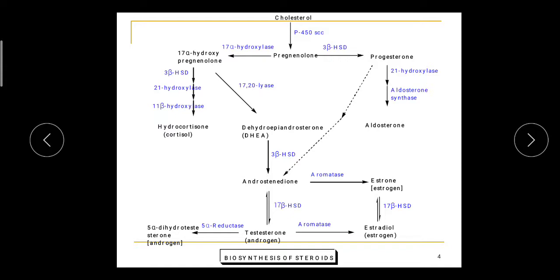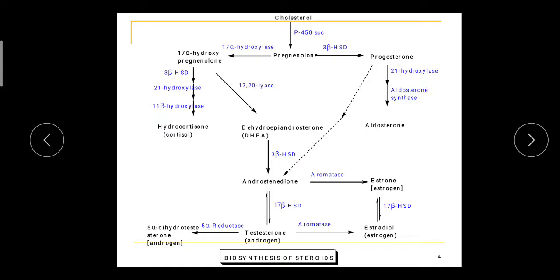Now we see the biosynthesis of steroids. Before that, the steroid hormones are released from the adrenal gland. The adrenal gland is present on the top of the kidney, like a flat cap-like structure located on the top of the kidney.